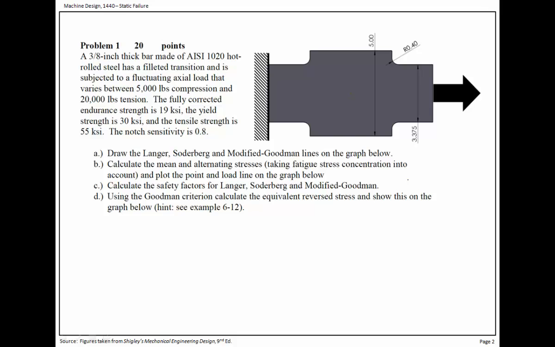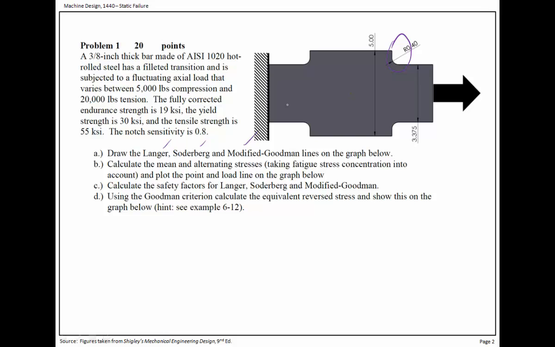And it has a notch, and we want to make sure that we get the stress concentration for this part right here and include the notch sensitivity. So the first part of the problem asks for the Langer, the Soderberg, and the modified Goodman lines.